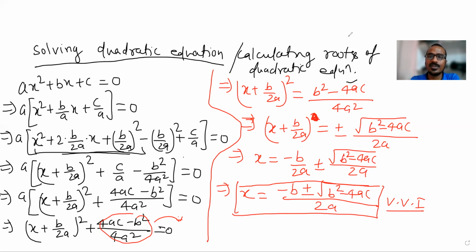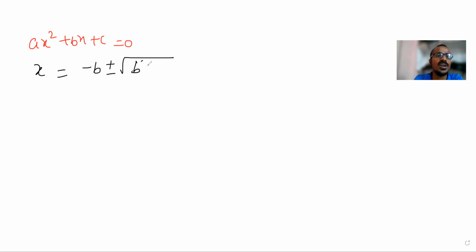So guys, what we have concluded here, on solving the quadratic equation ax square plus bx plus c equal to 0, we have got x is equal to minus b plus minus under root of b square minus 4ac by 2a.